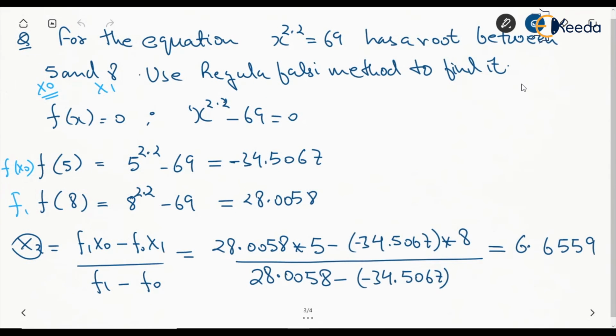Now we'll have to find the value of f of x2 in this case, which is for 6.6559. So this is going to be minus 4.2756, which is negative. The other one we have is these and this value.